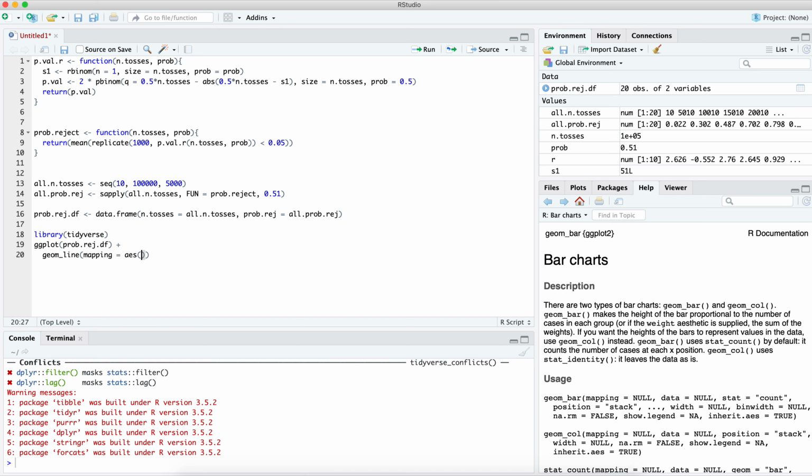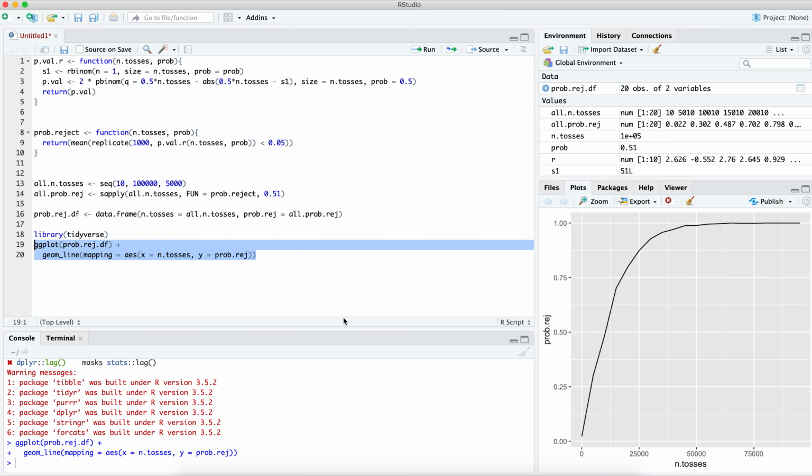So here the x-axis would be the n tosses, and the y-axis is going to be prob reject. And let's run that. And you get this kind of curve, right? Basically you start out with a 0 probability of rejecting, and as you go up, you get a probability of rejecting that's basically 1.